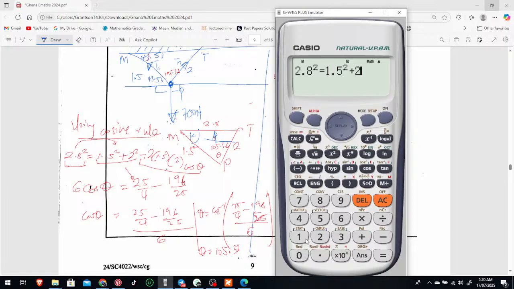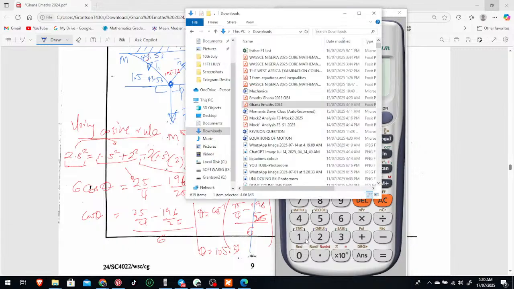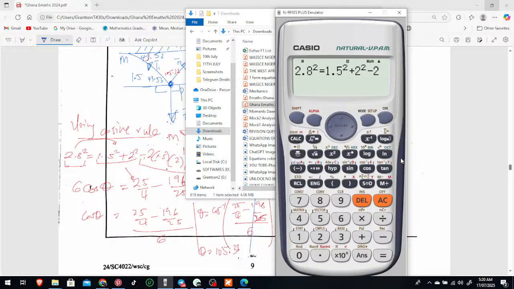Square plus 2 square minus 2 times 1.5 times 2 cos theta. Let me use the calculator to solve for x and see.